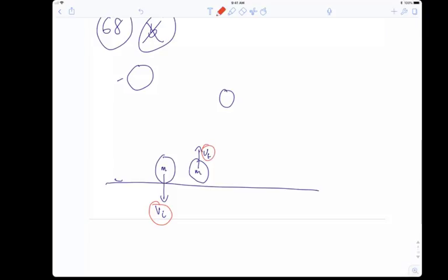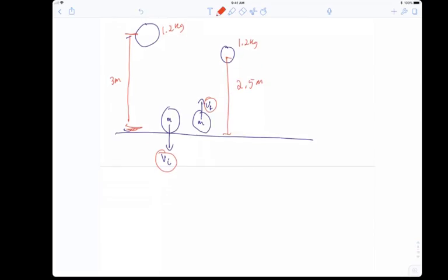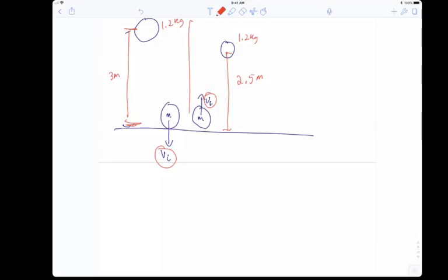So to figure that out, I'm going to use the gravitational potential energy. So I know the initial height is 3 meters. This is 1.2 kilograms. And then the final height here is 2.5 meters and 1.2 kilograms. So, going to split this whole thing down the middle. Conservation of energy both times.